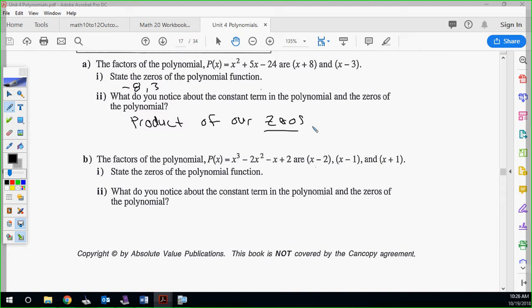The factors of the polynomial x cubed minus 2x squared minus x plus 2 are x minus 2, x minus 1, and x plus 1. What are the zeros? 2, 1, and negative 1, right? Again, what do you notice about the constant term? It's a product of the zeros. If you multiply the zeros, 2 times 1 times negative 1, you get negative 2.